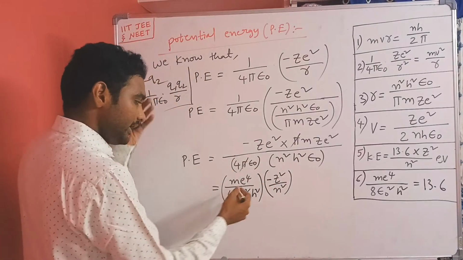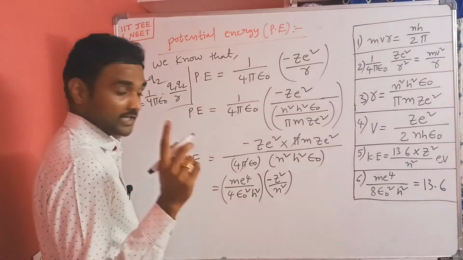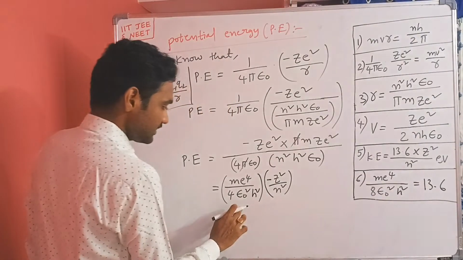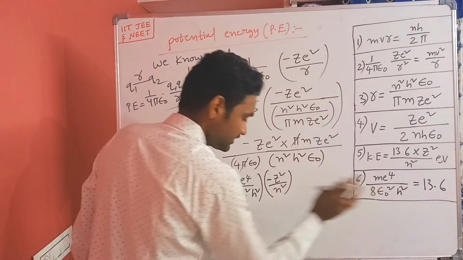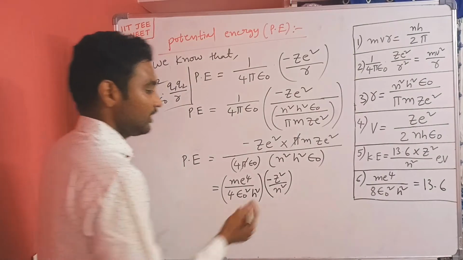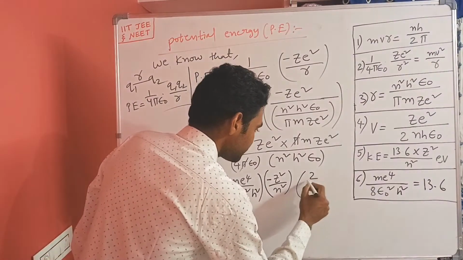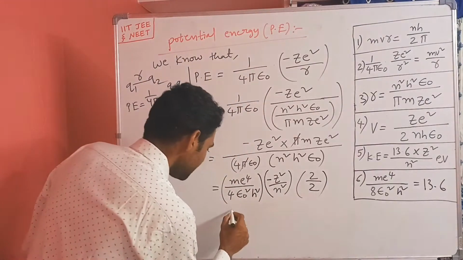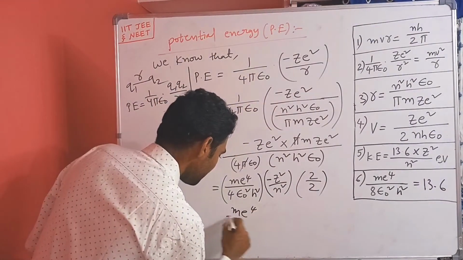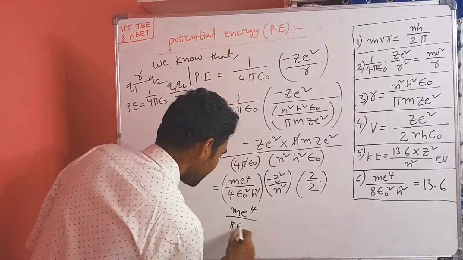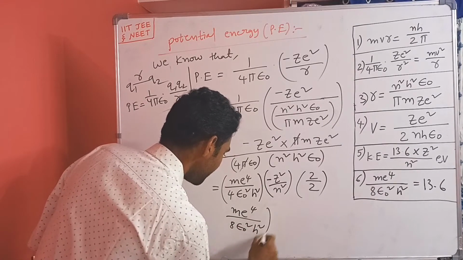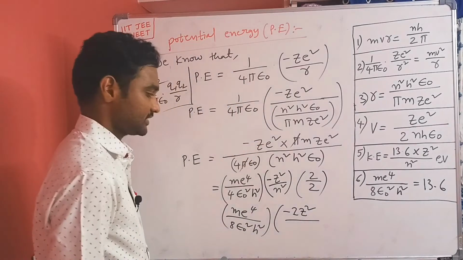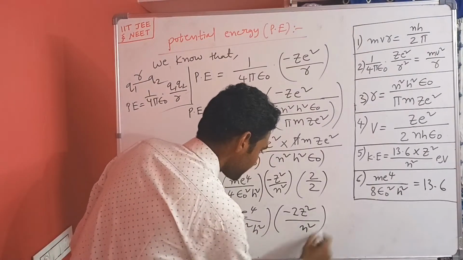Okay, now why did I write it like this separately, do you know? Because we know the 13.6 value is this much. What is the difference between this and this? Here in the denominator 4 is there, here 8 is there. So for getting 8 you have to multiply and divide this one by 2 by 2. Then what will we get? m e power of 4 by 8 epsilon naught square h square into minus 2 Z square by n square.